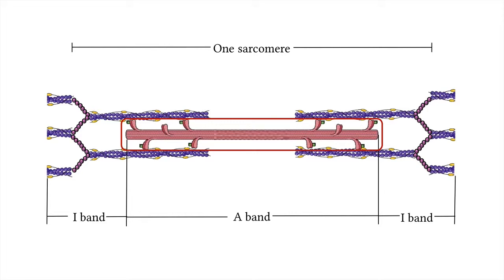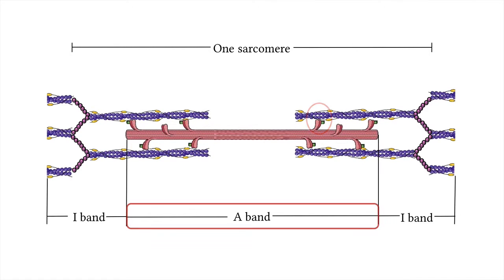The myosin heads attach to the active sites of the actin, forming cross bridges. The thick myosin myofilament defines the A band. The parts of the sarcomere where there are actin myofilaments and no myosin myofilaments are where the I bands are. Finally, the sarcomeres are attached to each other end to end to form the myofibril, which is the contractile organelle in the muscle fiber cell.